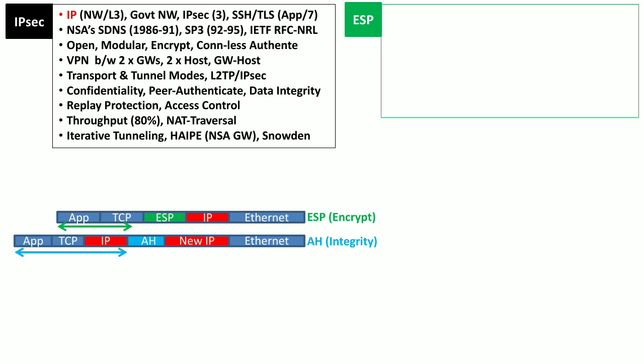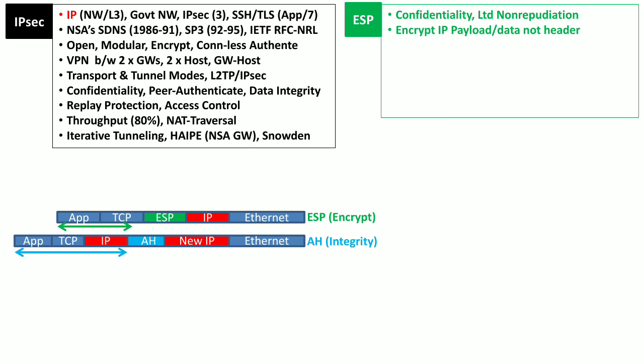Now once we talk about ESP or Encapsulating Security Payload, it is used to provide confidentiality or encryption and limited non-repudiation, since it does not encrypt the IP header, and it only encrypts the IP payload or IP data, that is the layer above it.